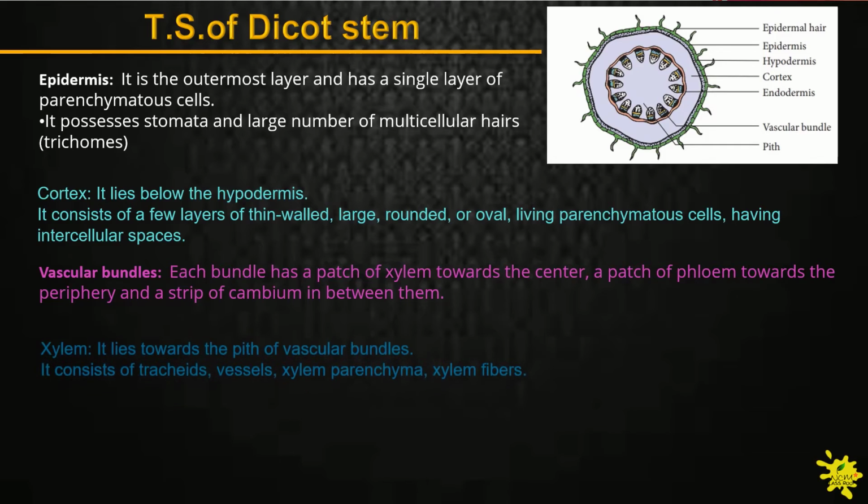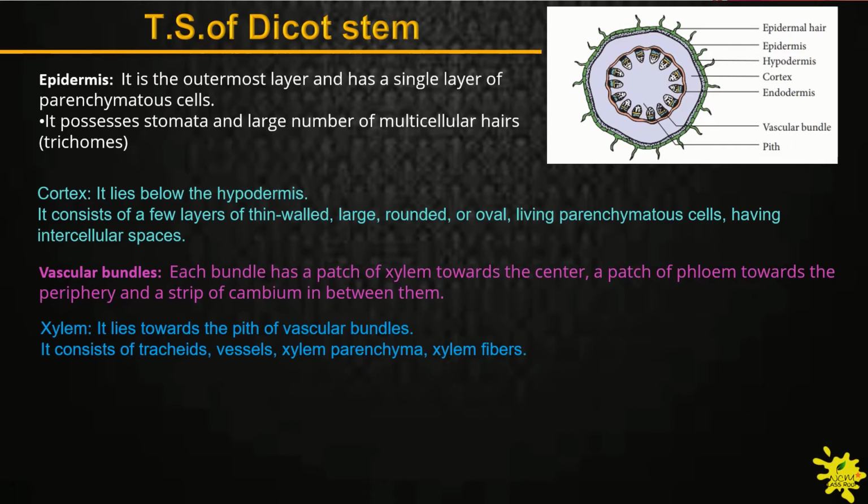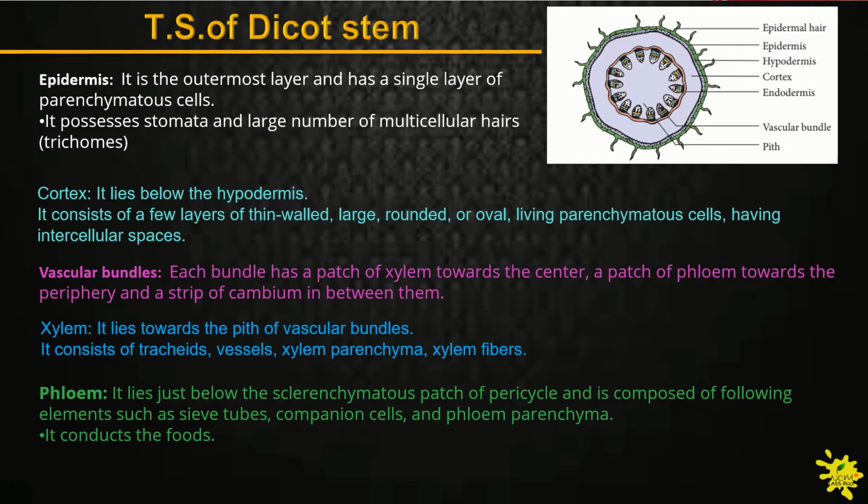And the xylem lies towards the pith of the vascular bundles. It consists of tracheids, vessels, xylem parenchyma, and xylem fibers. And phloem lies just below the parenchymatous patch of pericycle and is composed of elements such as sieve tubes, companion cells, and phloem parenchyma.